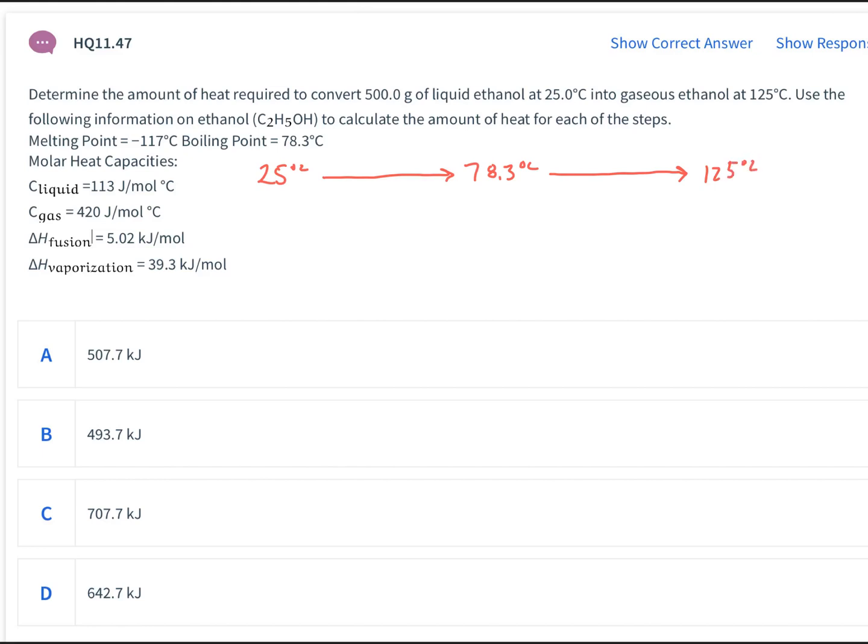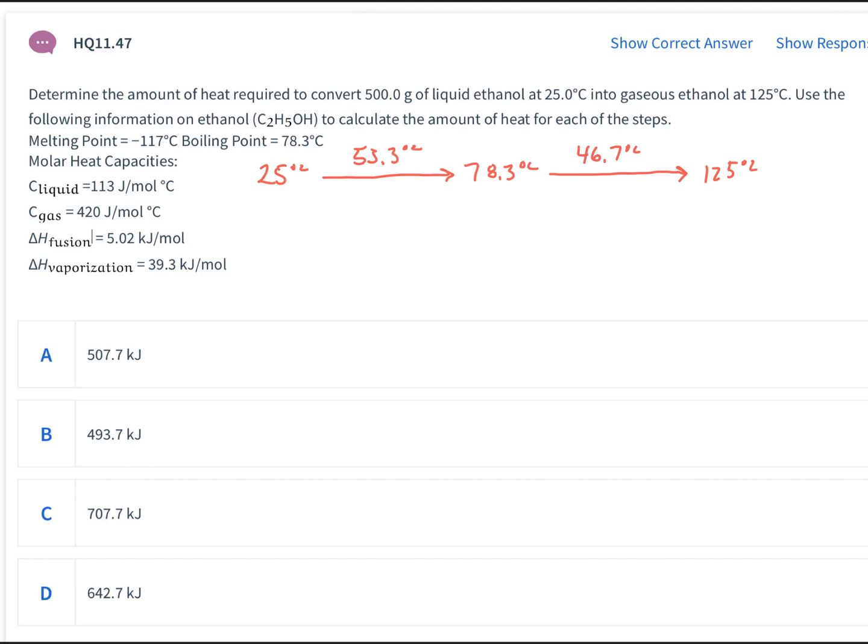So the first transition that I go through is approximately 53.3 degrees C is my change in temperature. And the next transition that I need to go through is approximately 46.7 degrees Celsius.